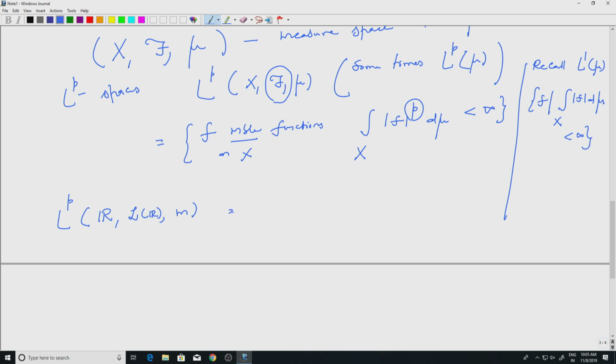You will be looking at all those measurable functions from R to C, or sometimes it can take infinity values as well, measurable such that the integral over R of mod f to the p dm, right, that is our measure, is finite. Okay. So this is a collection of functions. Of course, we don't know how big the collection of functions or the LP space is. It will all depend on how the space is, how the measure is, and all that.